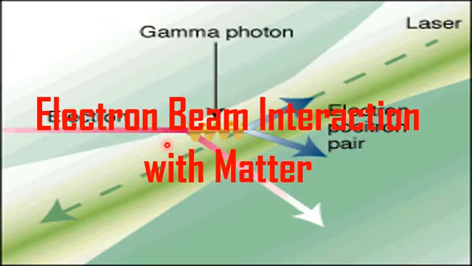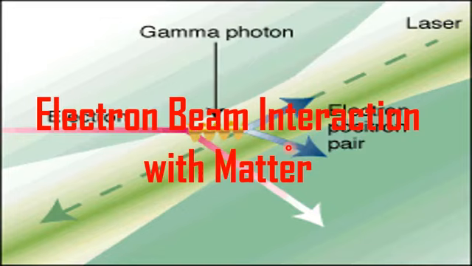Some of the common techniques are scanning electron microscopy, transmission electron microscopy, Auger electron microscopy, or Auger electron spectroscopy, etc. There are diverse types of techniques introduced on the basis of electron beam interaction with a matter surface. Auger electrons are also produced due to electron beam interaction with a matter surface.